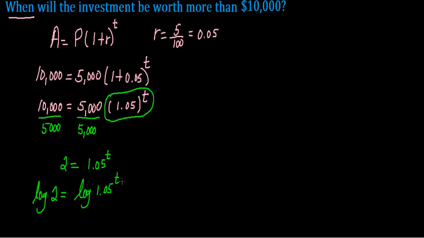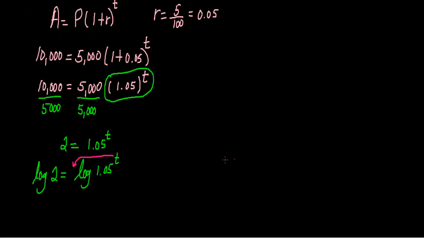Remember, when we have logs and we have exponents, I can move this exponent T to the front of the log. So now this will become log of 2 is equal to T times the log of 1.05.